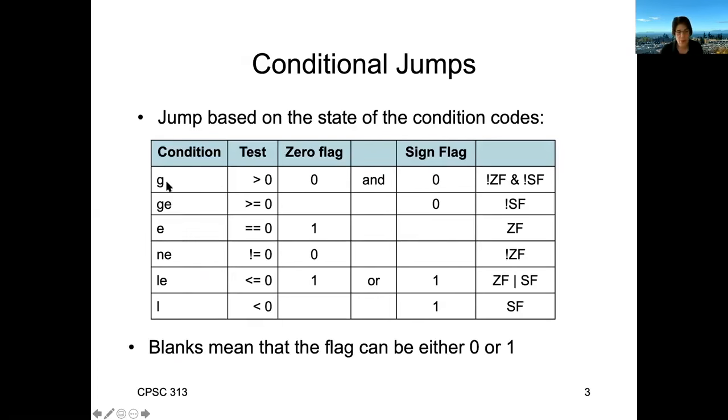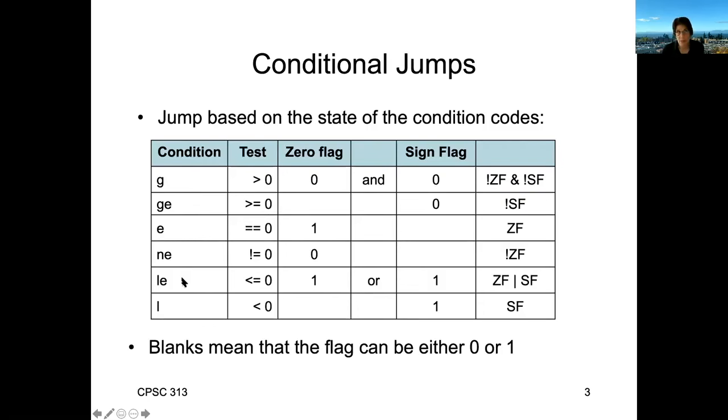So if you want to jump when that last thing was greater than, what that means is that the 0 flag had better not be set, so it needs to be 0. And the sign flag had better not be set, so that needs to be 0. So if those 2 conditions are true, then the previous ALU operation resulted in a greater than, and therefore we would take the jump.